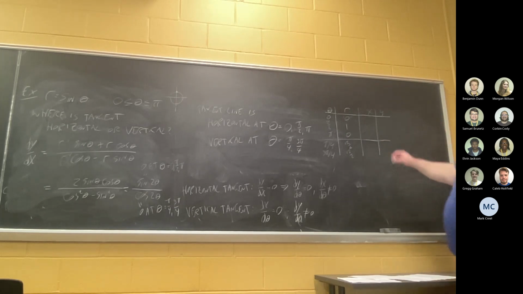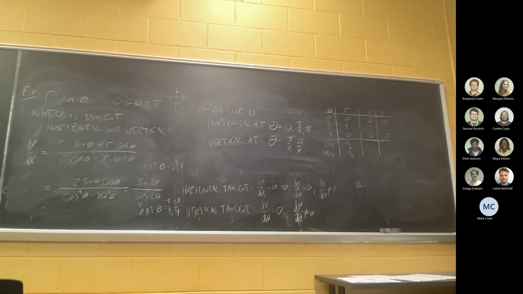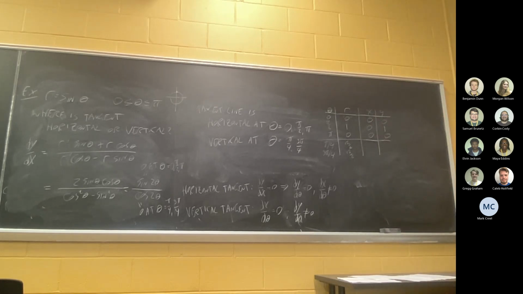Where r is 0, certainly X, Y is 0, it's the origin. At pi over 2, X is cosine theta, which is 0, and Y is sine pi over 2, which is 1.